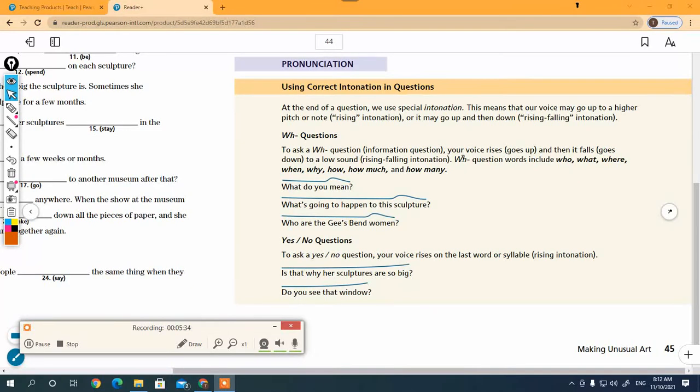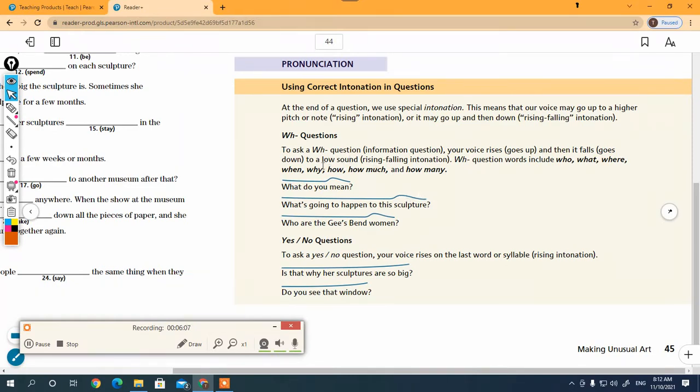And these are the questions with the question words who, what, where, when, why. See the WH? Who, what, where, when, why. Now these aren't WH, but they are in the same category. How much, how many. There are variations of this, like how far, how long, okay?